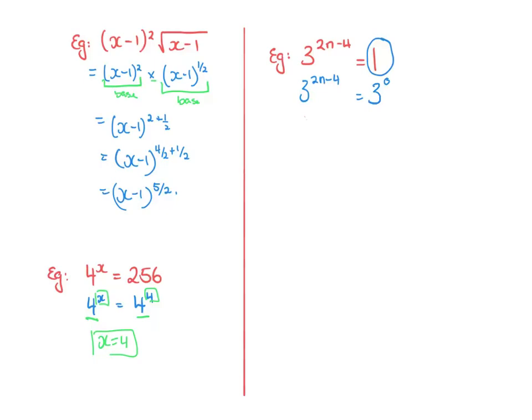If I do that, I can say that 2n minus 4 equals 0, because they're the same. So we get 2n minus 4 equals 0, and I'll keep rearranging: 2n equals positive 4, n equals 4 over 2, n equals 2. We'll do more of these later, but just in case you get some.